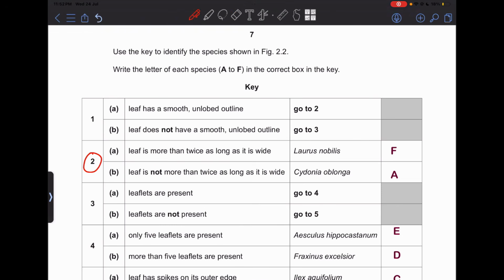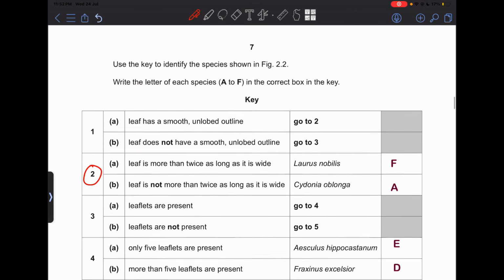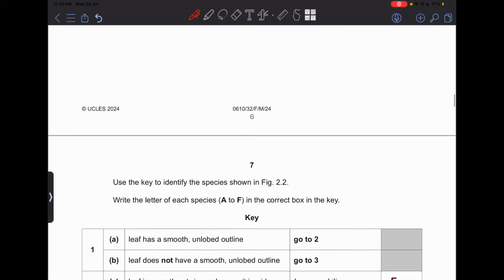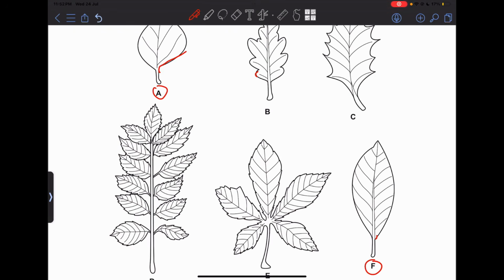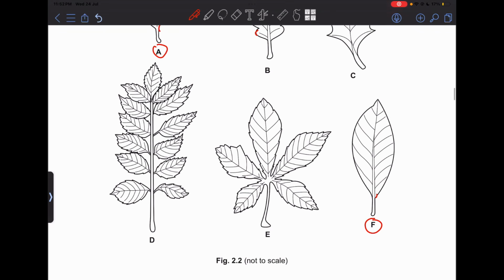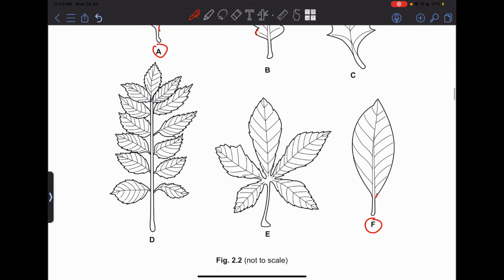So we're over at 2. Leaf is more than twice as long as it is wide. So this means that it's tall. It's not wide, it's taller than it is wide. So this is F, because F is taller than A over here. It's much taller than its width, as we can see.